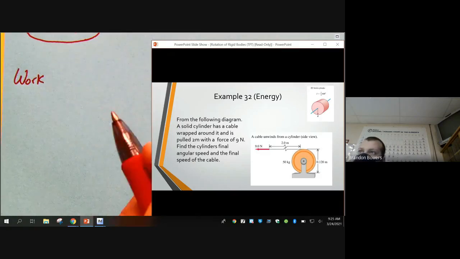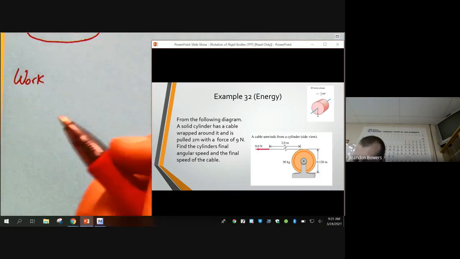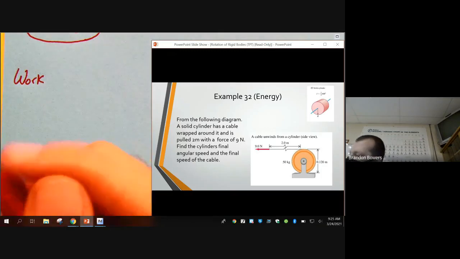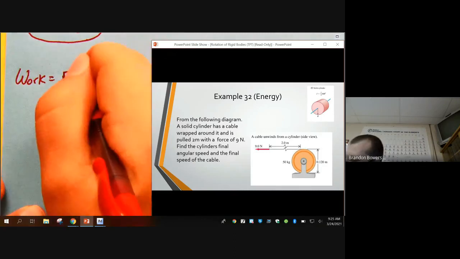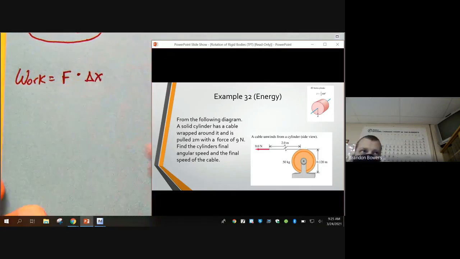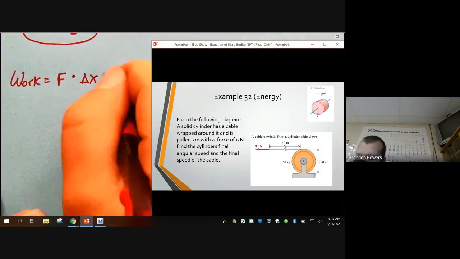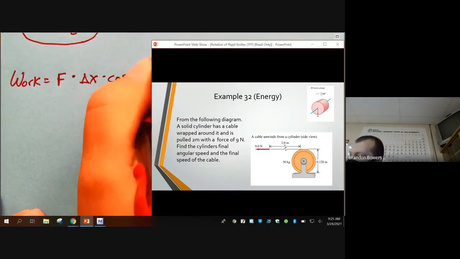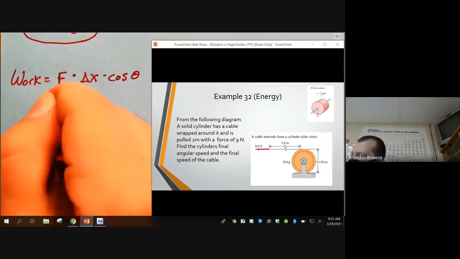So, what 2 equations do we know for work? Force times distance. Force times, we'll call it, displacement. Force times displacement, cosine theta. What's the other equation we know for work?